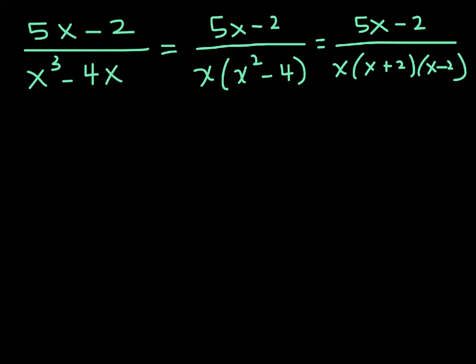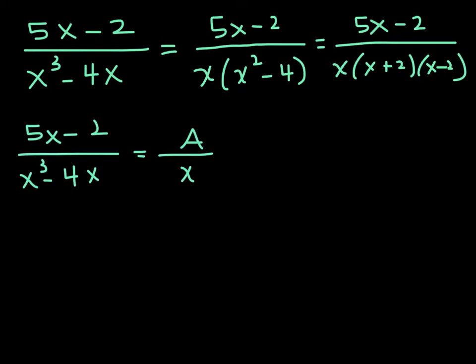We know that this fraction must be equal to A over the first linear factor, plus B over the second linear factor, and then plus C over the third linear factor. So you and I, for this example, must find all 3 constants, A, B, and C.